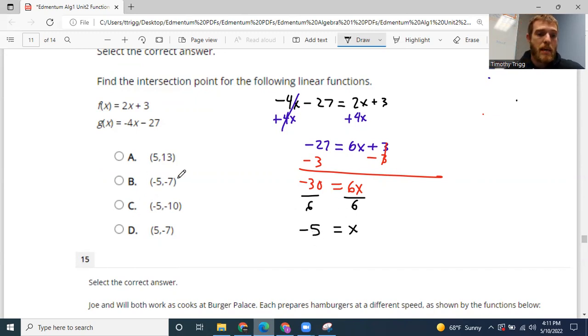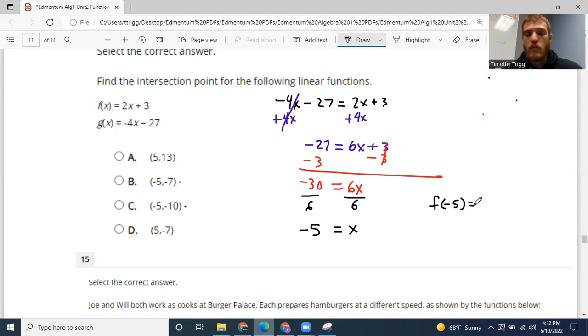So we know our x value is negative 5. So it's either going to be B or C. You can see both these have an x value of negative 5. Now what we can do is take this negative 5 and figure out the output in either of these equations. So you can use either equation, doesn't matter. They'll give you both the same answer. So I'm just going to go ahead and use f of x here. So I'm going to replace x with this input of negative 5.